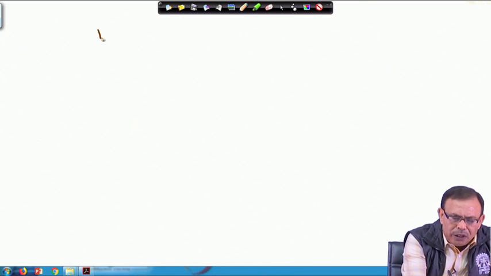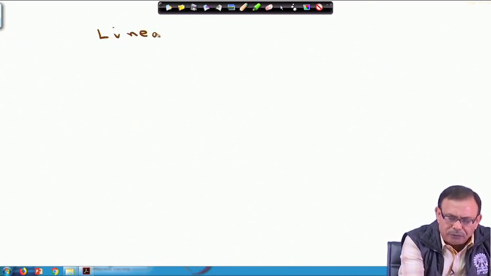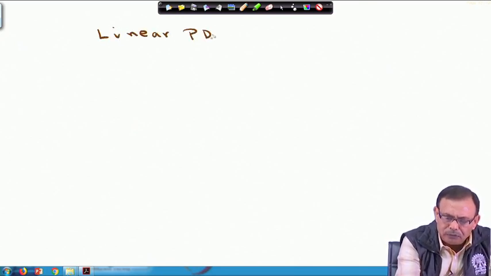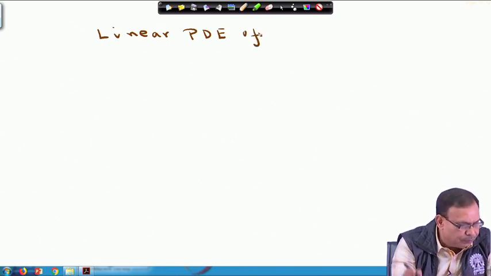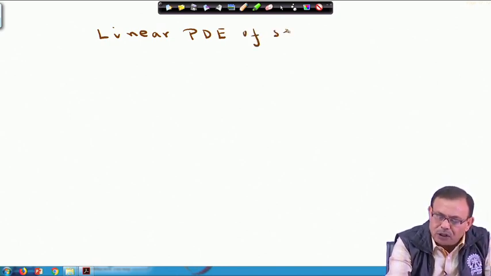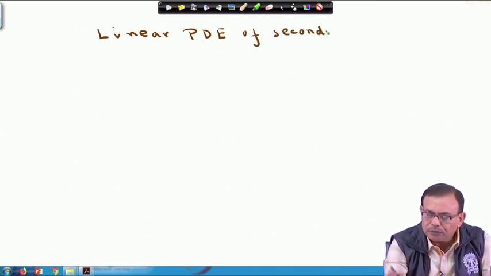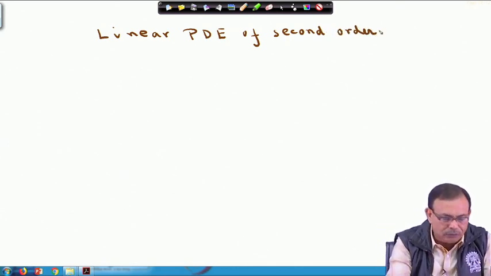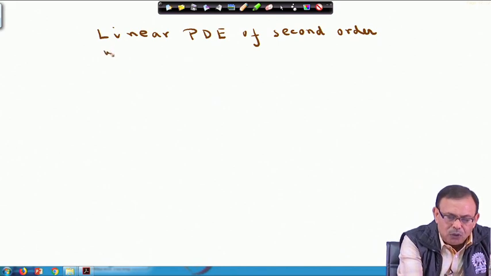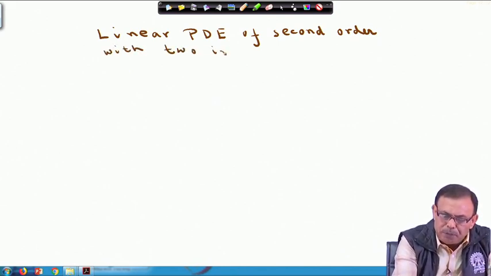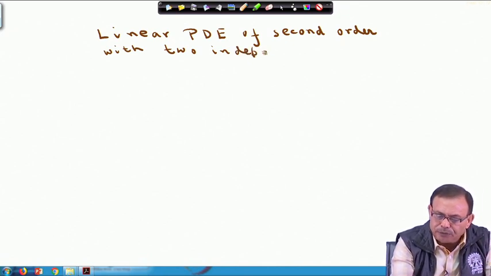Now, a linear PDE of second order with two independent variables.